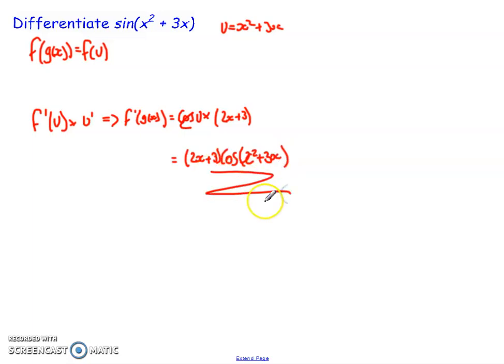So there you go, I've got my derivative using that rule. Using the chain rule is something that we need to be able to work with quite effectively and efficiently, particularly with more complex functions, so that we're able to calculate an answer for those.